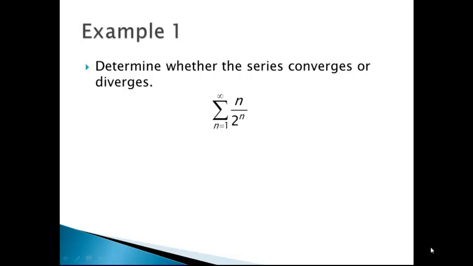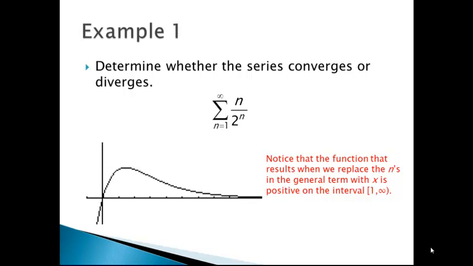Now we're ready to look at some examples. The directions here are to determine whether the series converges or diverges. Here we have the summation from n equals 1 to infinity of n divided by 2 to the nth power.